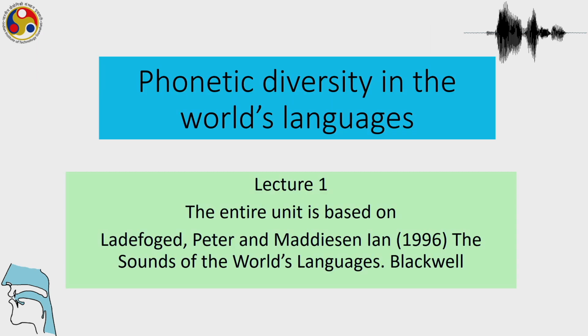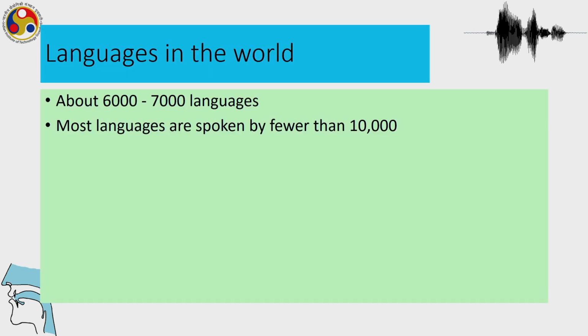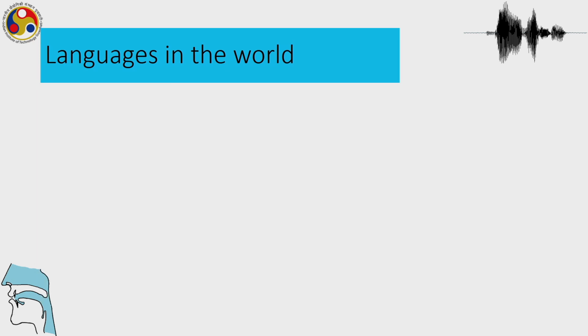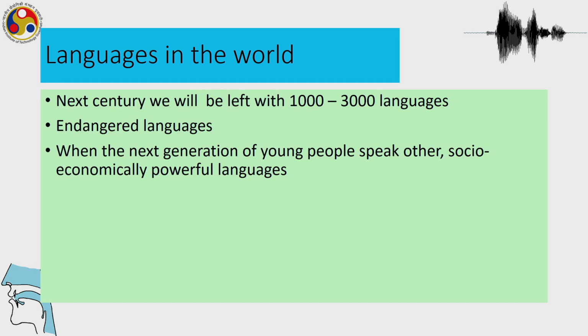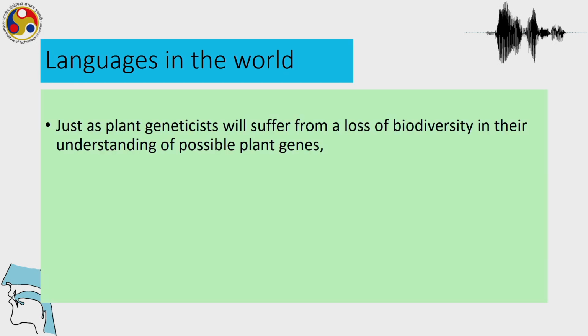And in lecture 1, we talked about how there are diverse languages in the world and where many languages are threatened because of various economic reasons and because of the pressure on land and people. More and more people are speaking the larger languages. As a result, about half of the world's people speak one of the 10 largest languages.